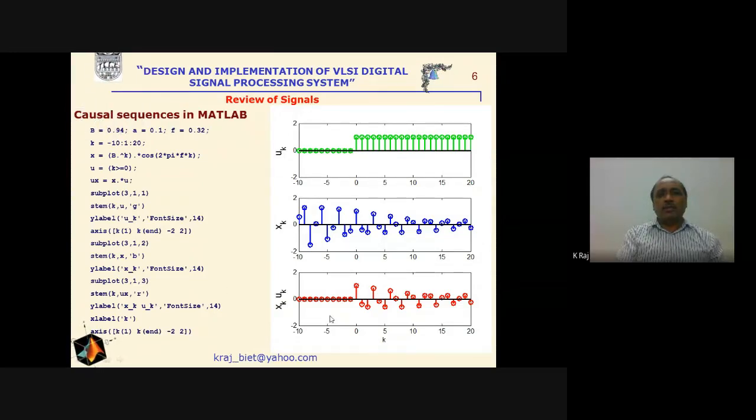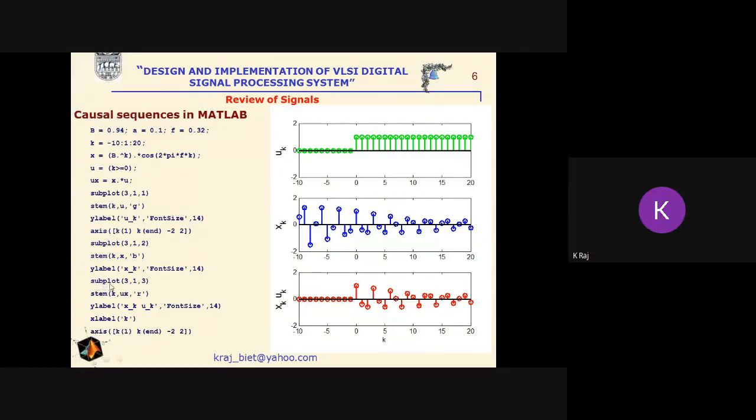And for the third graph, that is 3 1 3, the subplot command will be utilized in order to decide the place of this function. So the third row will be utilized for this one, and on the y-axis we will write the k, and on the x level we are writing the k.